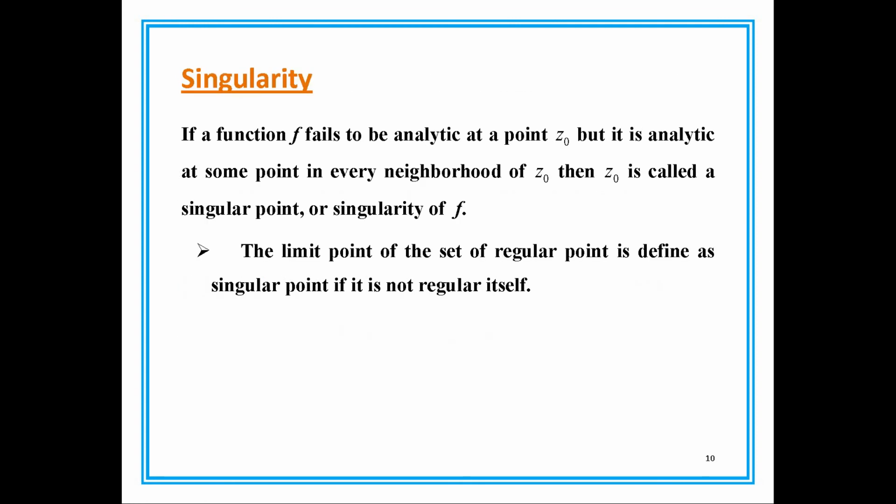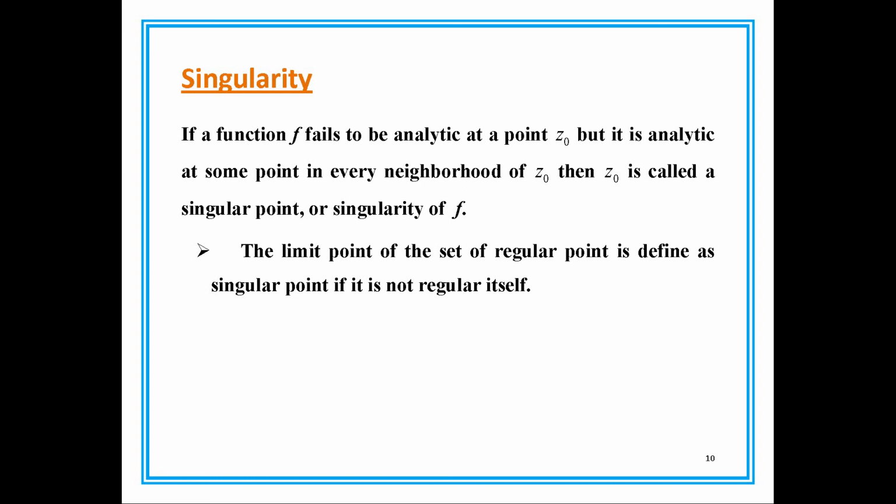Now if a function fails to be analytic, then what should be the characteristic of that point? So we are in a position to define singularity. If a function f fails to be analytic at a point z0, but it is analytic at some point in every neighborhood of z0, then z0 is called a singular point or singularity of function f.